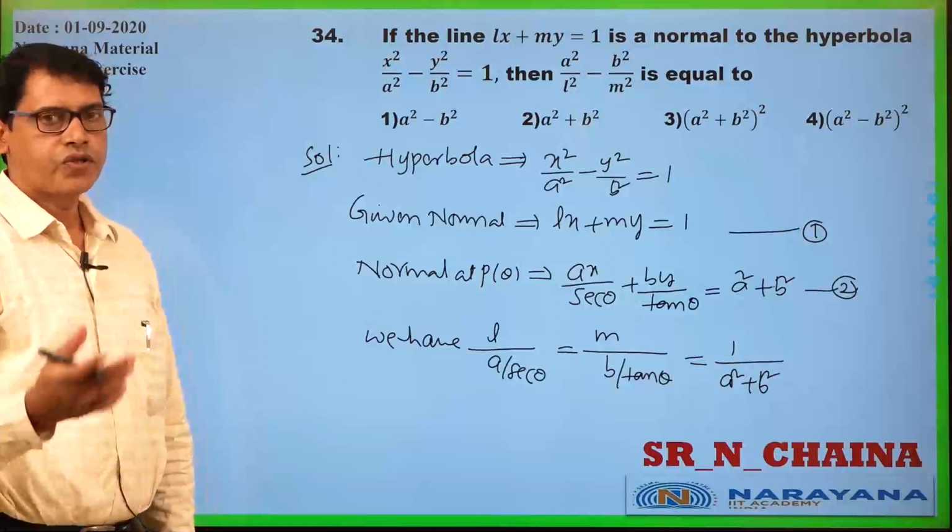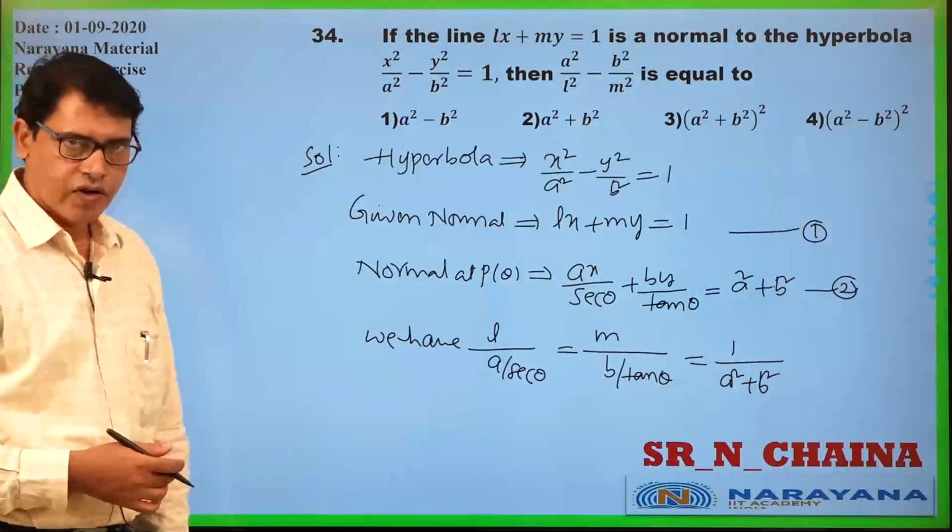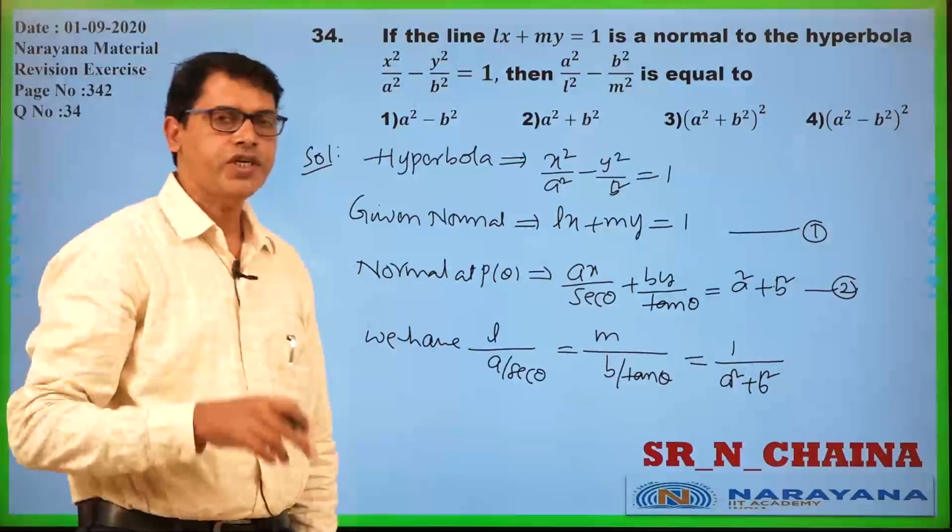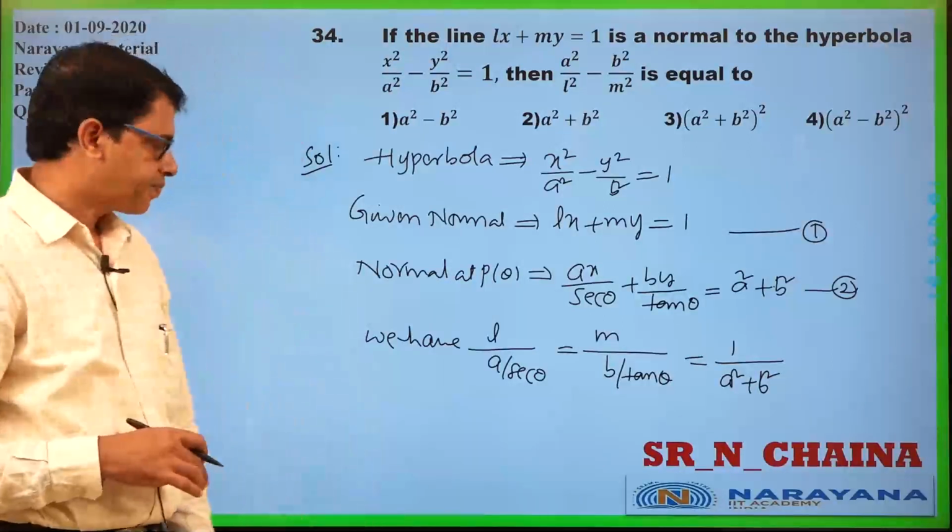A1 by A2 equals B1 by B2 equals C1 by C2, if two equations represent the same line.